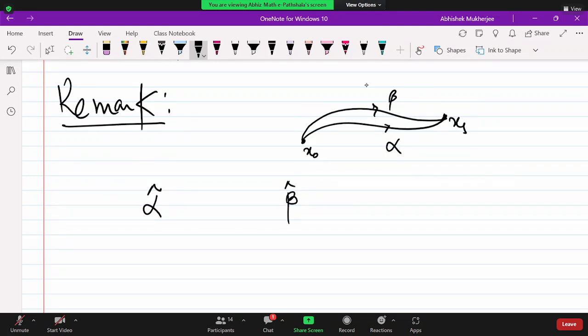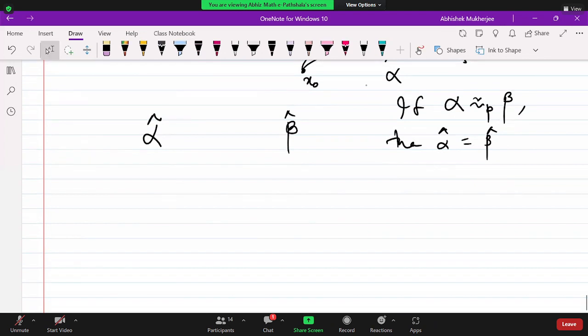Now if it is happening that alpha is path homotopic to beta without changing the terminal points during the homotopy, then these two maps are the same, right? But if it is not, then what will happen? Okay.